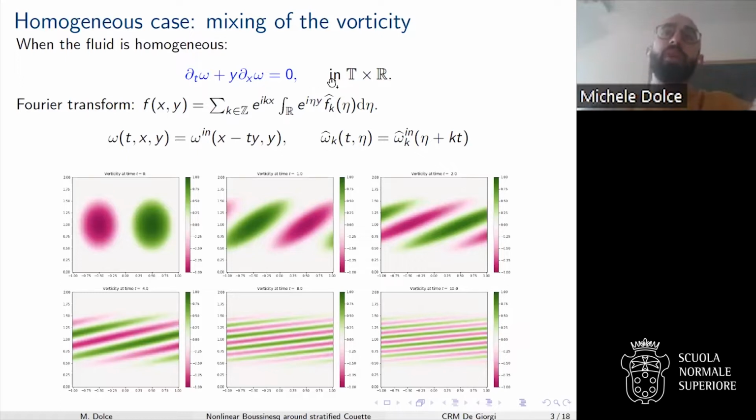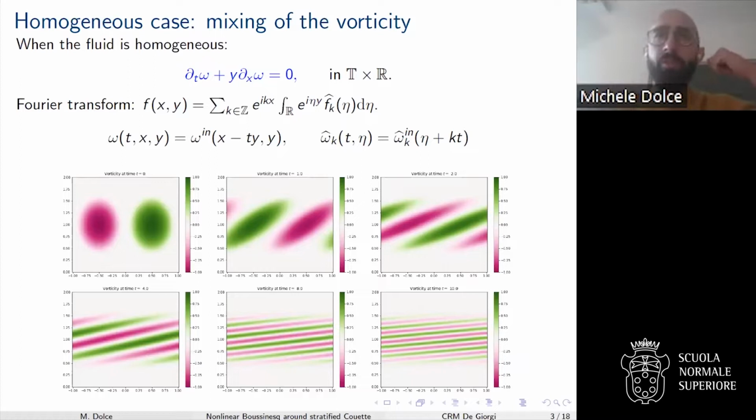In particular, since we have this particular domain, we can represent the solution in two ways, either in physical space or in Fourier space, where we gain some insight. That is, the information is traveling to high frequencies in the vertical direction. What does this mean?